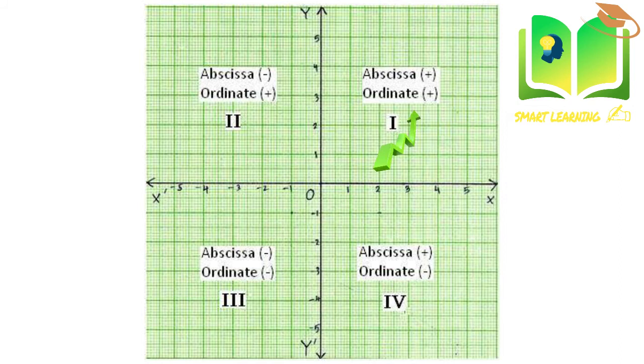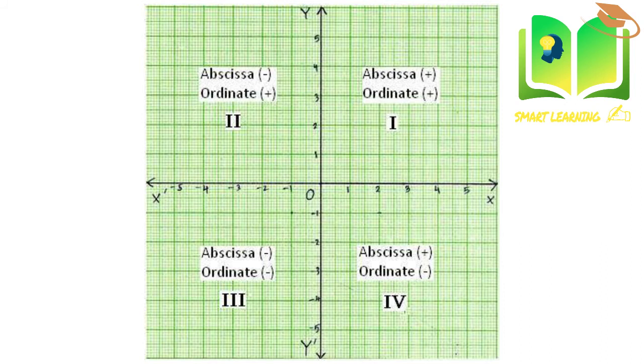In the first quadrant, abscissa is positive and ordinate is also positive. In the second quadrant, abscissa is negative and ordinate is positive. In the third quadrant, abscissa and ordinate both are negative, and in the fourth quadrant abscissa is positive and ordinate is negative.